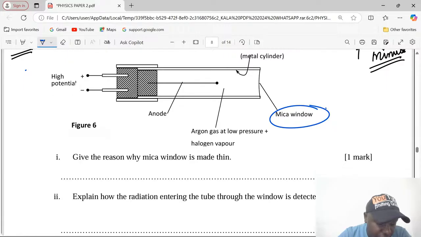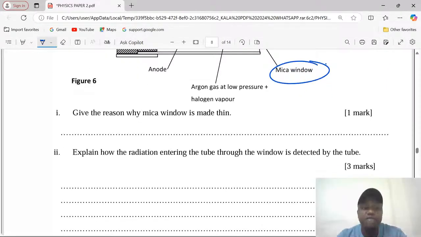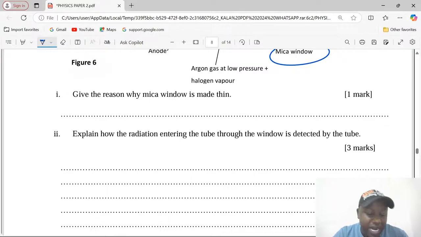Part one of the question. Give the reason why the Mika window is made thin.